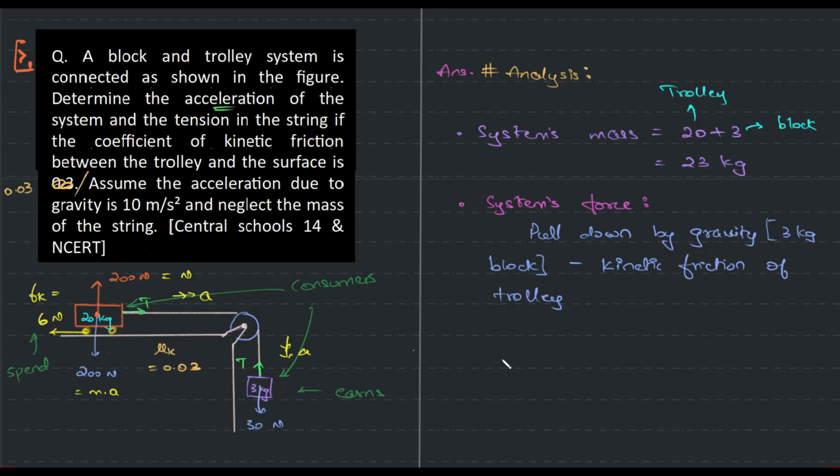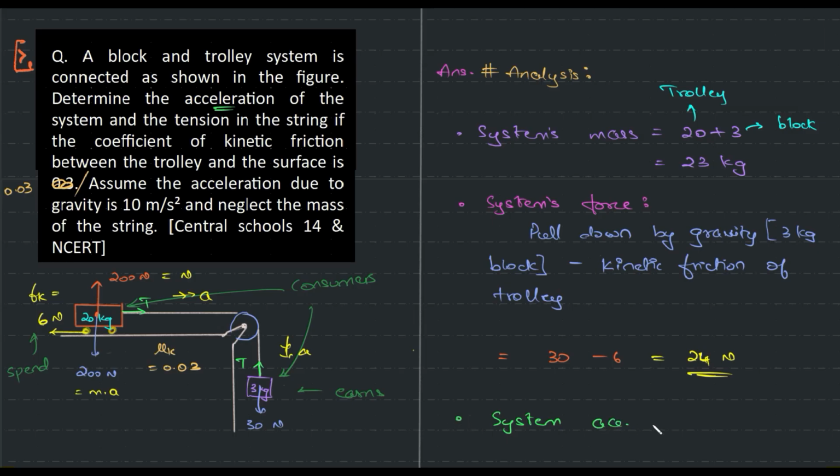Okay, so this is the math. So this is 30 minus 6, that is 24 Newton. So this is the source of our push and pull. So we have the system force, we have the system's mass. Then what we can do now is figure out the system's acceleration.